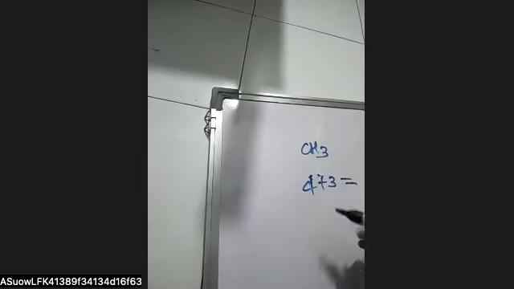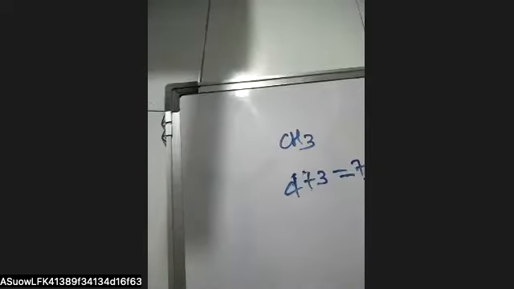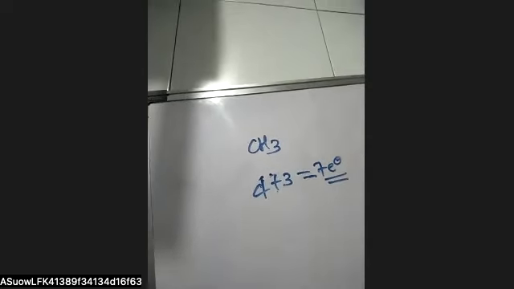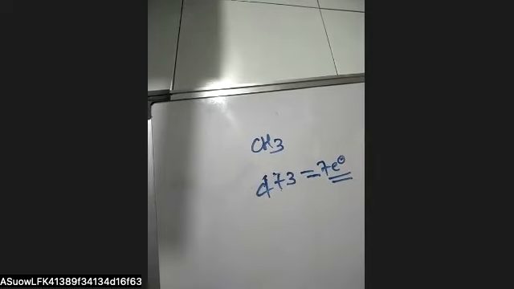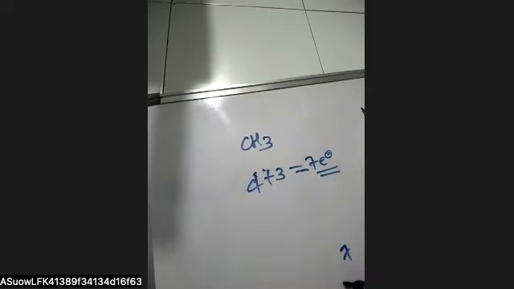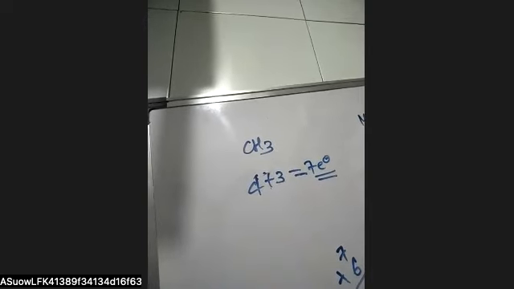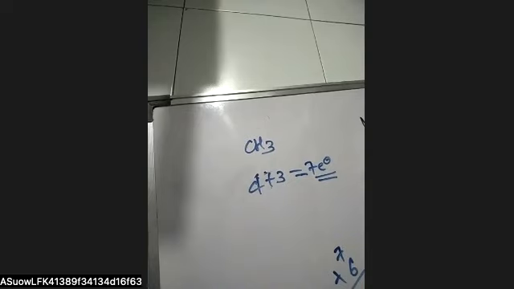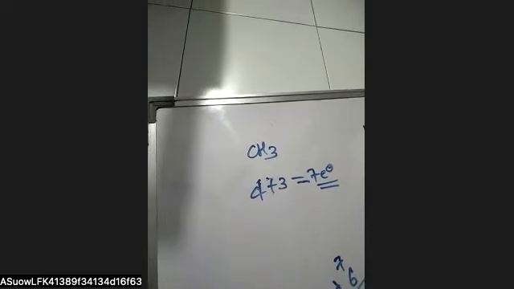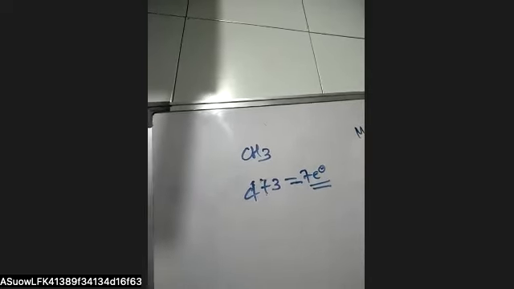So this is isolobal with any complex which is having the 17 electron rule. We can take as example Mn(CO)5. Mn is having 7, plus 2 for each CO: 9, 11, 13, 15, 17.